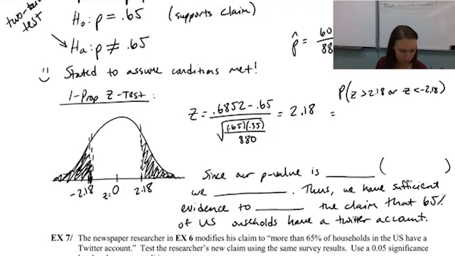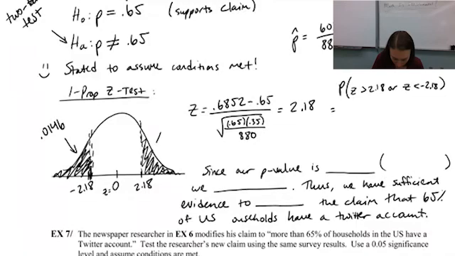Let's see. Now if I use my sheet, the easiest way to do this is to find this probability first. The probability that z is less than negative 2.18 is 0.0146, using our z table. Now that means this one is also 0.0146, because they're symmetric, so it has to be.